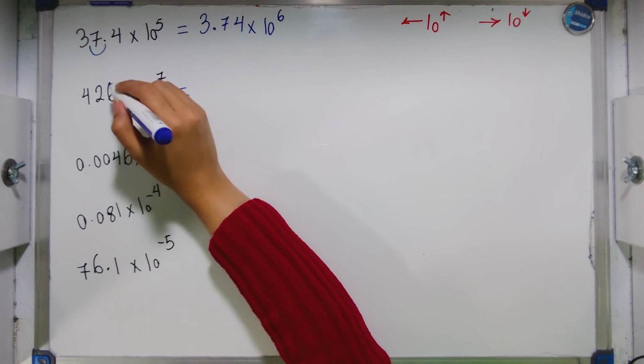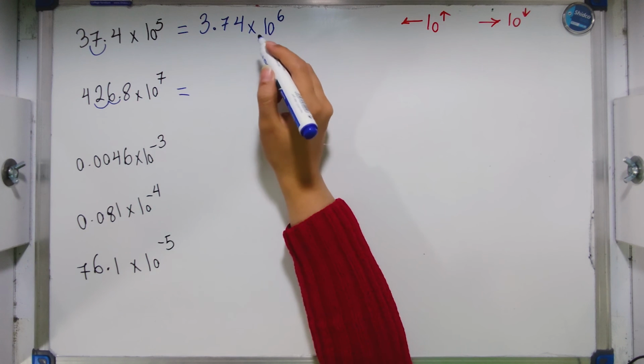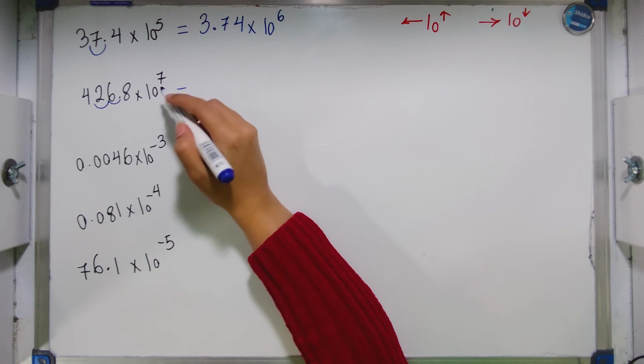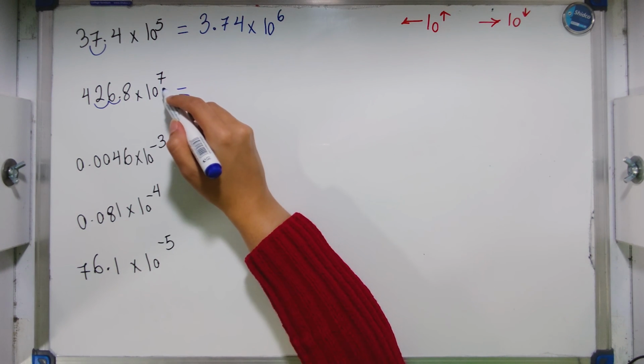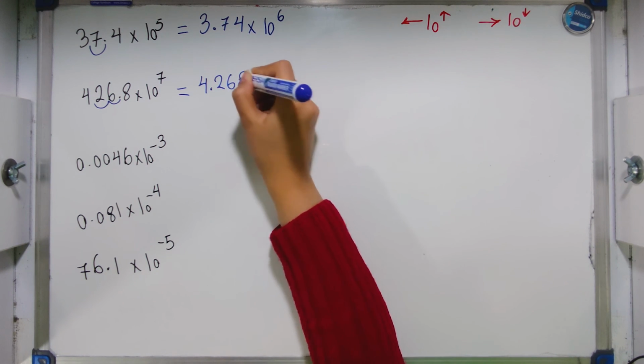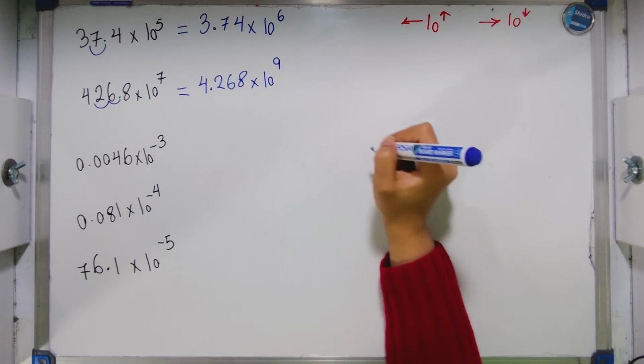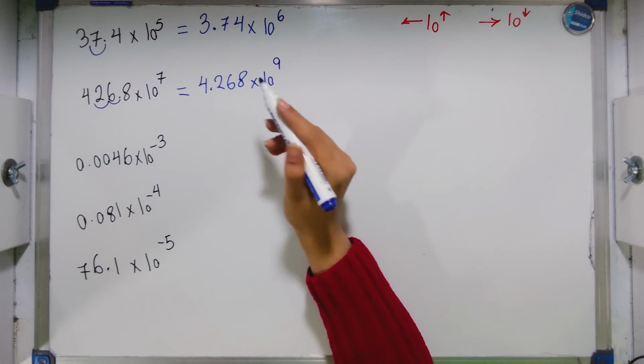Here, I have to put the decimal between 4 and 2, 2 digits. Because it's moving toward the left, I have to increase the power of 10. So it will be 10 power of 9. 7 plus 2.